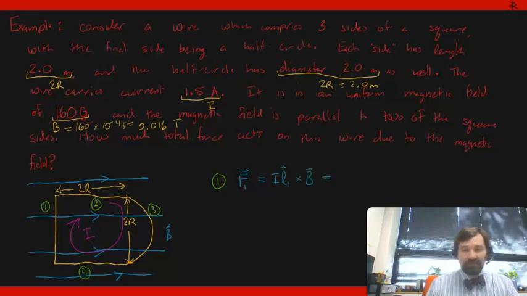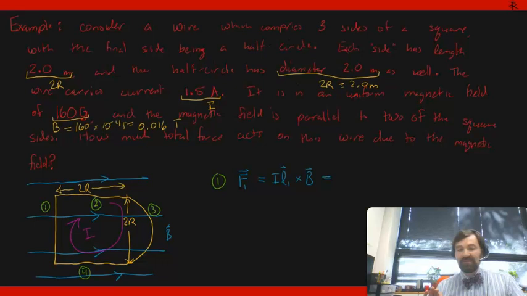And looking at this, you can see that for side 1, the current will be up along the screen. The magnetic field is to the right. And so by the right-hand rule, you'd point your index finger up along the screen, and your middle finger along the magnetic field, so to the right.